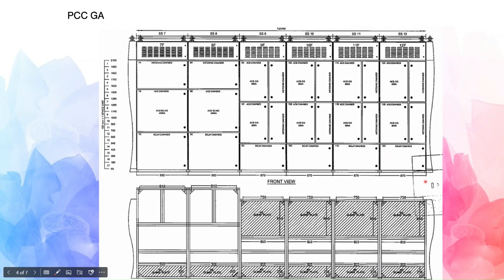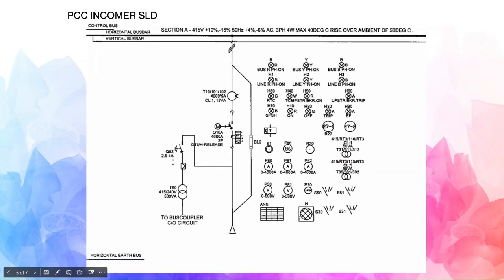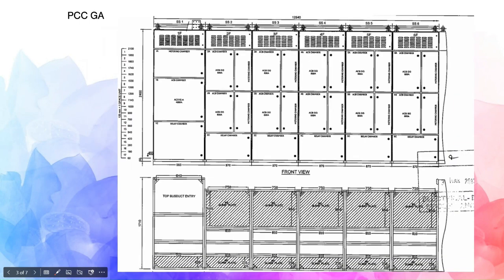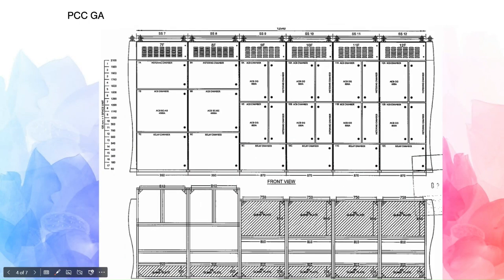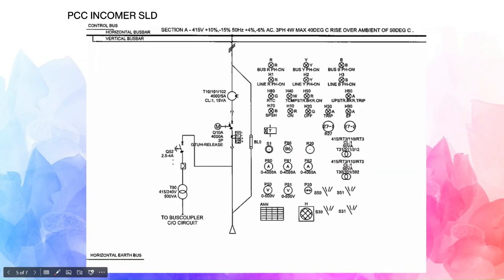So the end portion is something like that. There will be a break line here, but there is no break line here. It is just an end line. That's how it is.